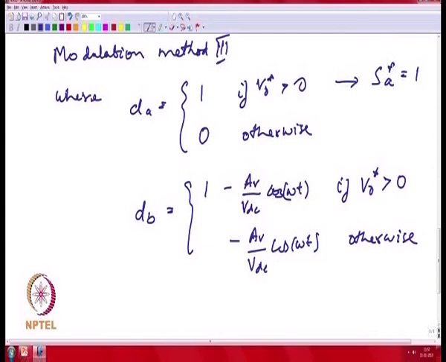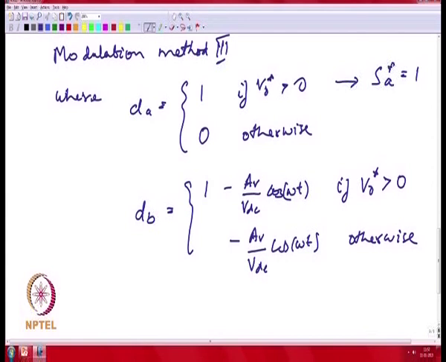Again, you can see because your VO output voltage is VDC into dA minus dB, you get the same differential mode output signal in all the 3 modulation methods. So, the differential mode signals would not change.